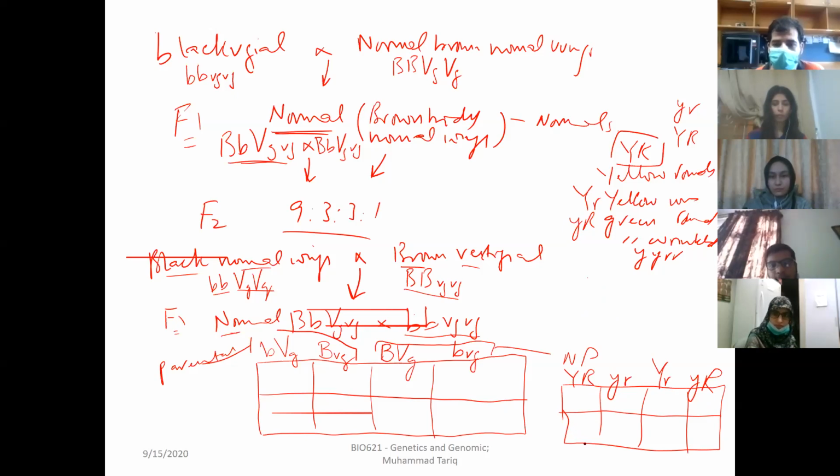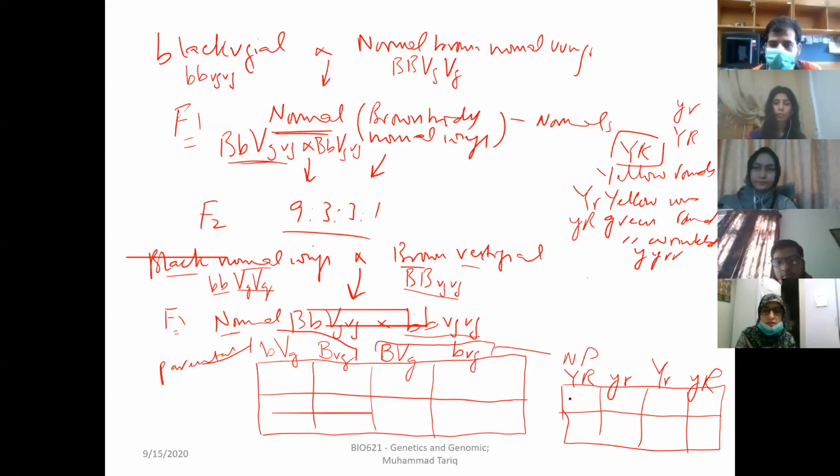The gametes? 9331 is the phenotypic ratio. Here we are talking about the gametic ratio. We are ignoring this one at the moment. In the case of Mendel, it's always 25% each, 1:1:1:1 gametes. They were not getting 1:1:1:1 ratios.